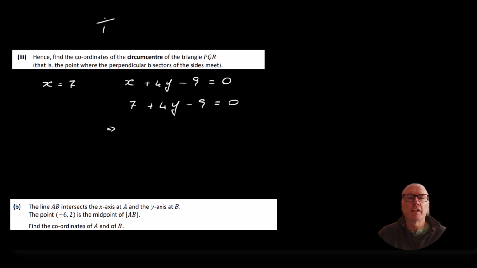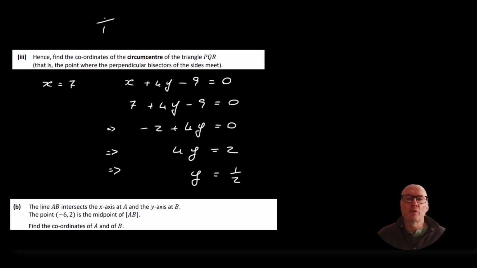So that'll give us 7 minus 9 is minus 2 plus 4y is equal to 0, or just 4y is equal to 2, or y is equal to half. Now we were asked to find the coordinates of the circumcenter, so the coordinates of our circumcenter, our answer in other words, is x is equal to 7 and y is equal to half. They're the coordinates of our circumcenter of our triangle.